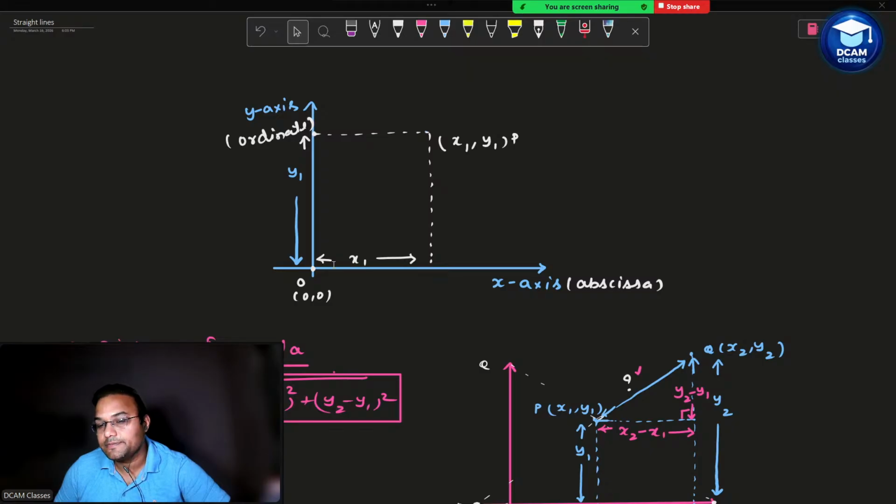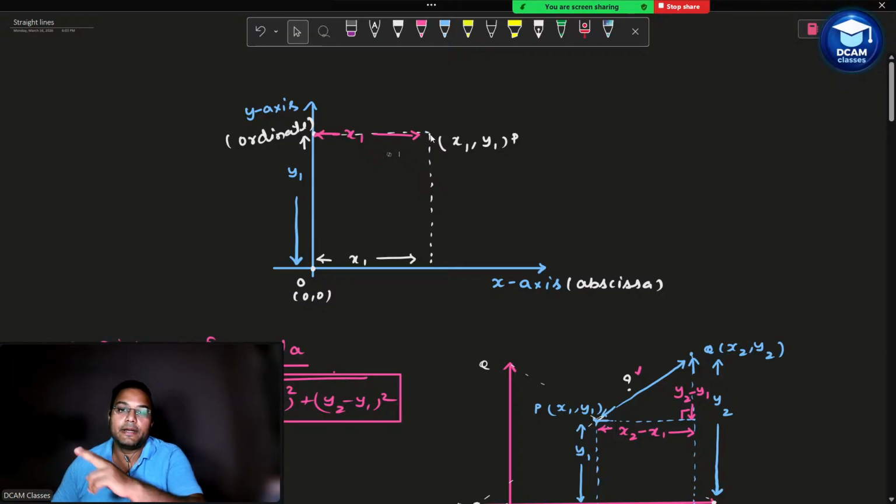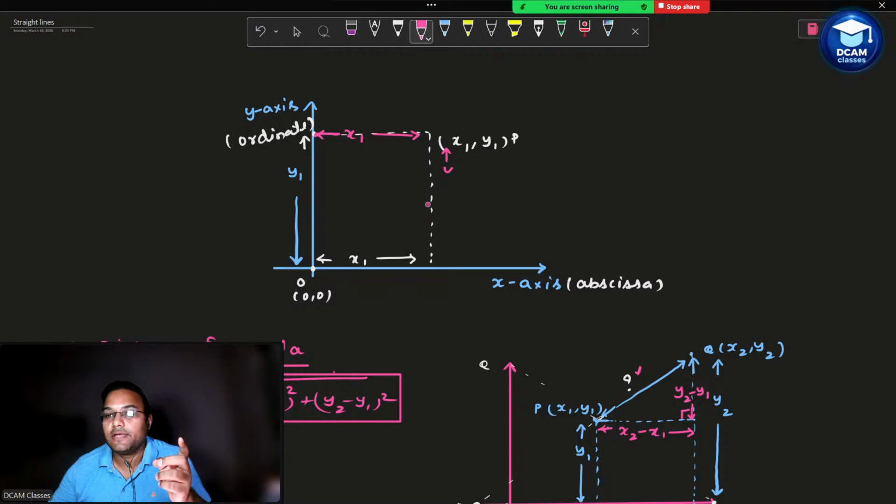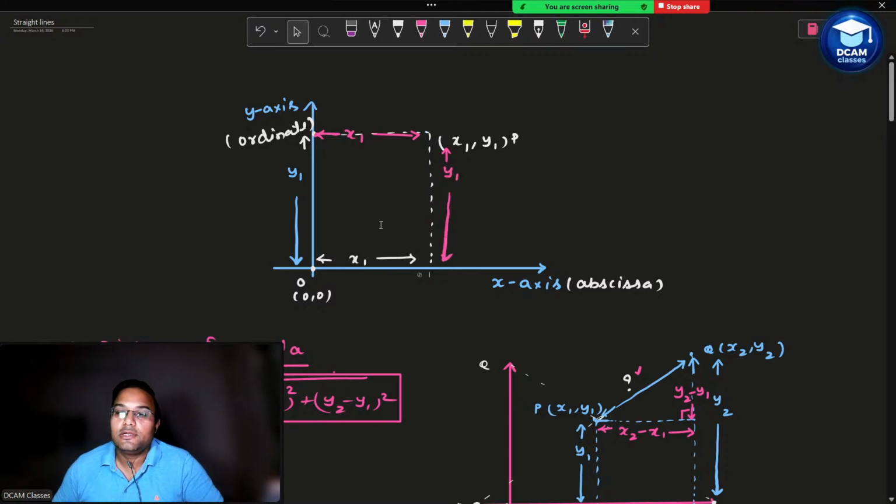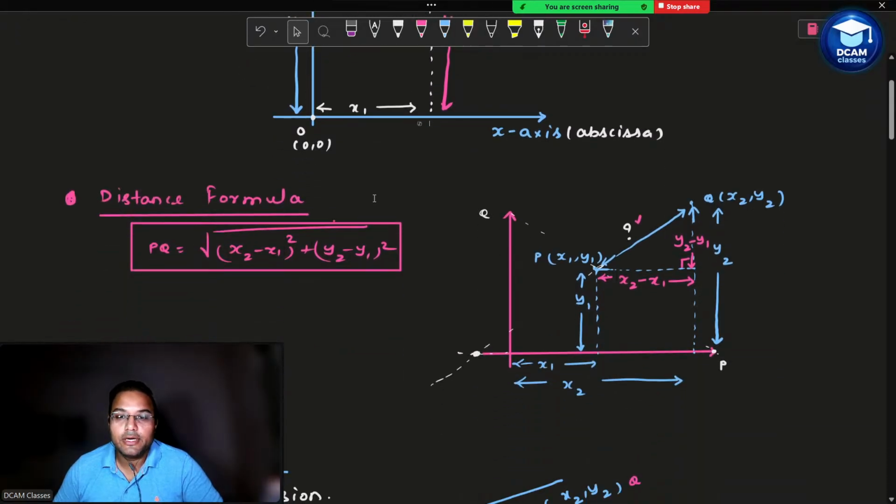Similarly, y1 represents the distance of the perpendicular dropped on the y-axis, measured from the origin. This is the basic knowledge needed for understanding coordinate geometry.